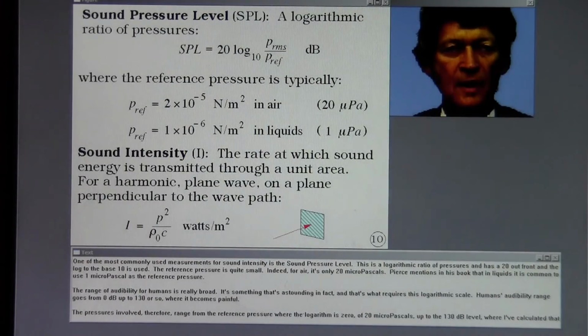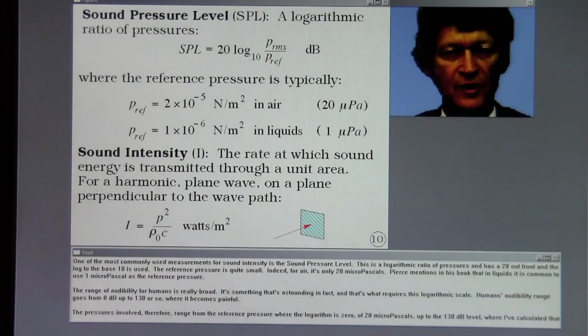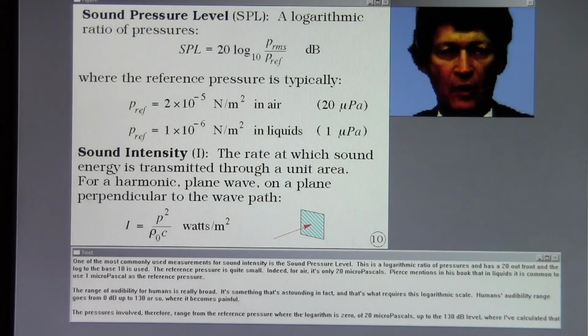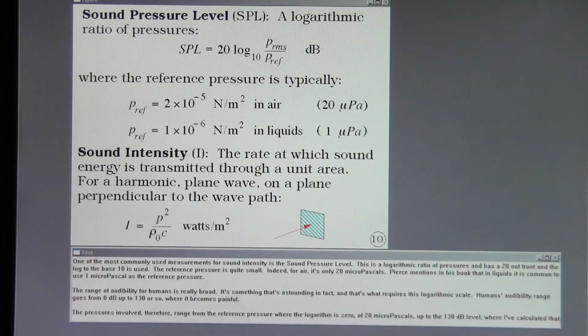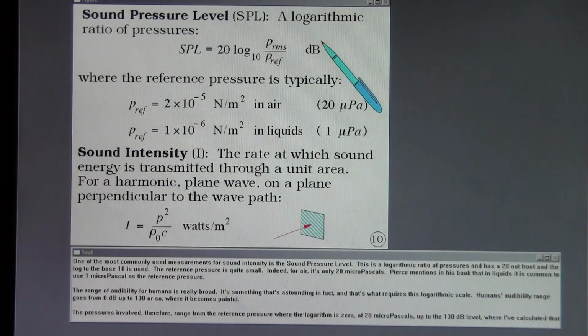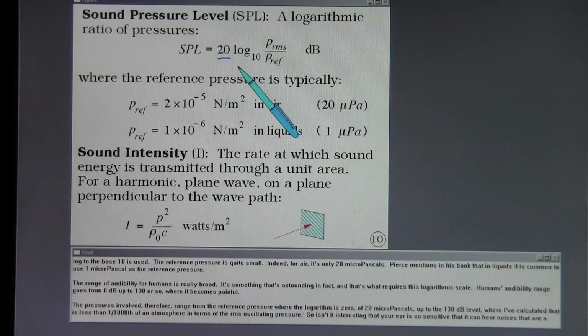One of the most commonly used measurements for sound intensity is the sound pressure level. This is a logarithmic ratio of pressures and has the 20 out front, and the log to the base 10 is used. The reference pressure is quite small. Indeed, for air, it's only 20 micropascals.